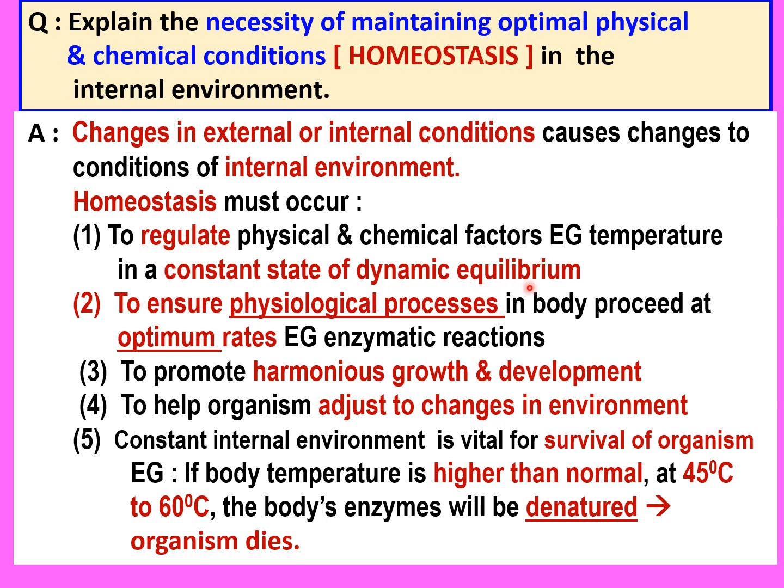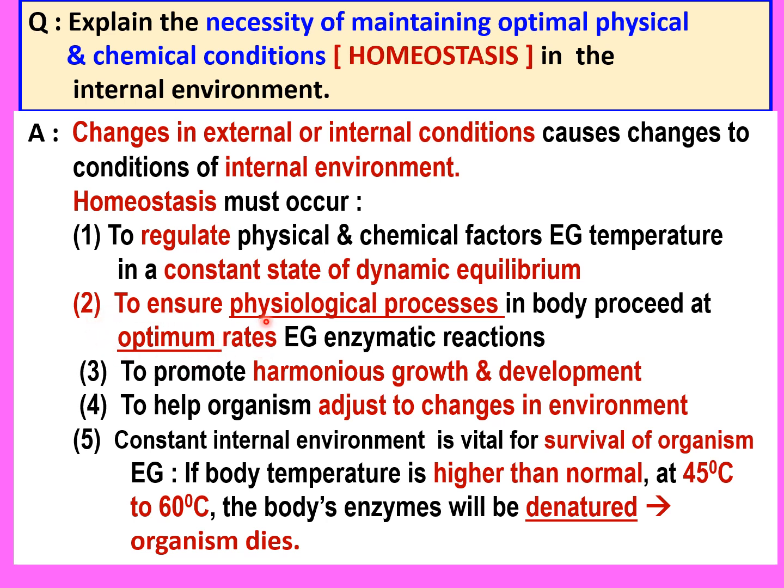Dynamic equilibrium here means that the temperature can rise or fall, but it must be within that normal range, within an average value that is the optimum value. To ensure physiological processes in the body proceed at optimum rates. Optimum means at the best rates.